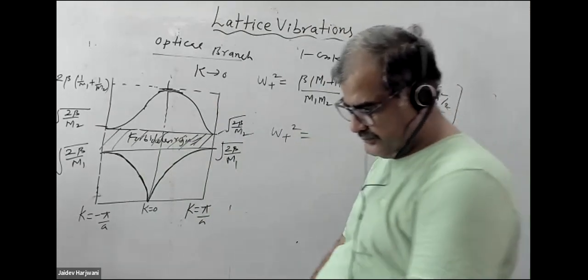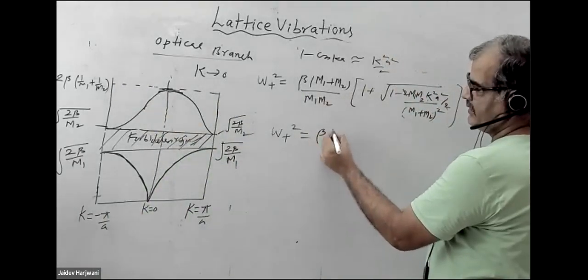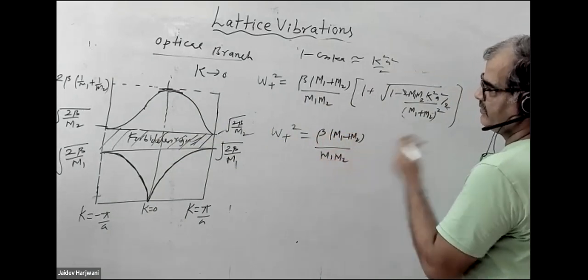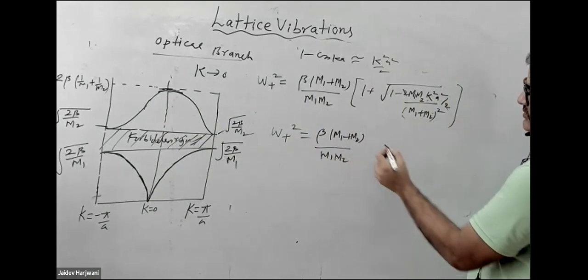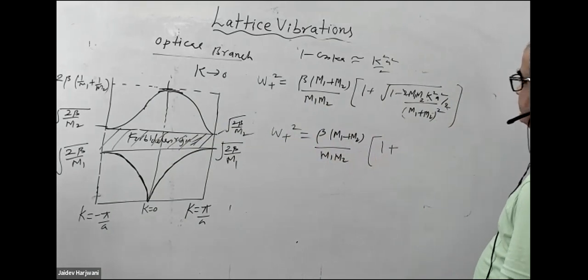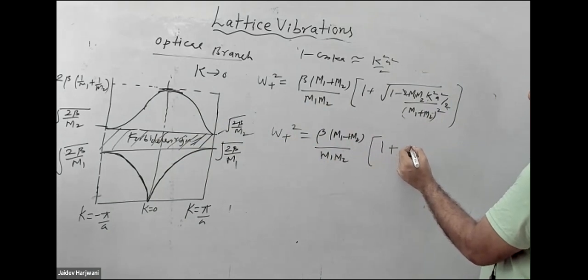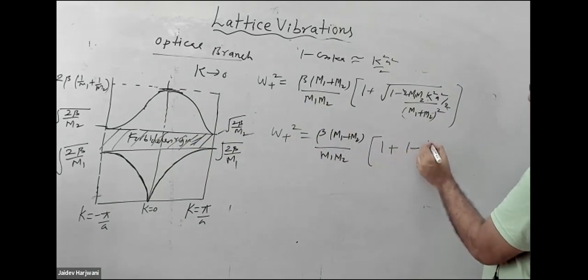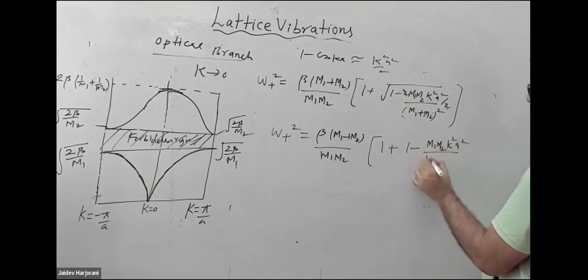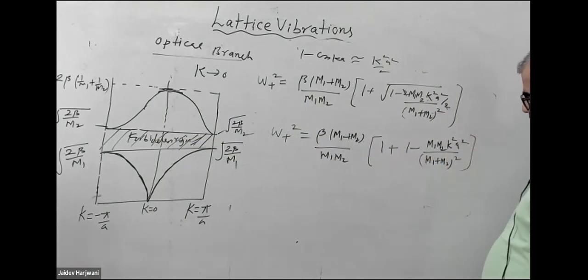So if you write it now, omega plus squared is beta (m1 plus m2) over m1 m2, times 1 plus, again using 1 minus x by 2 for the root, m1 m2 k squared over (m1 plus m2) squared.